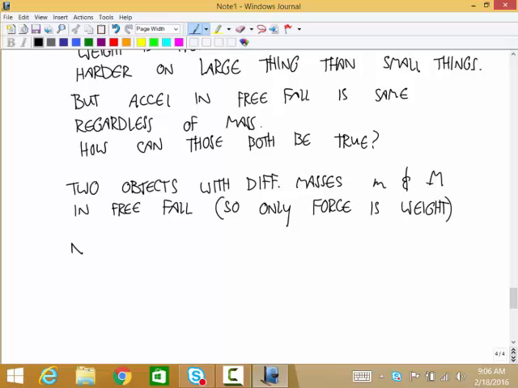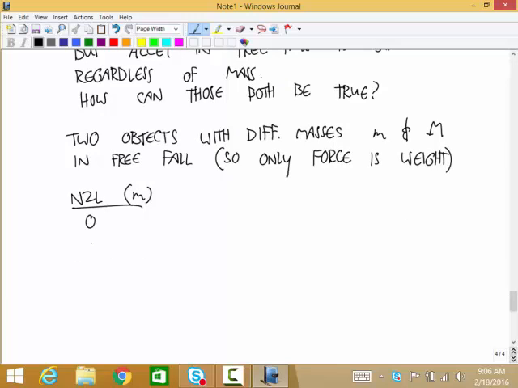So Newton's second law for the mass little m says (0, negative mg), that's the weight force, is equal to the mass times the acceleration vector.